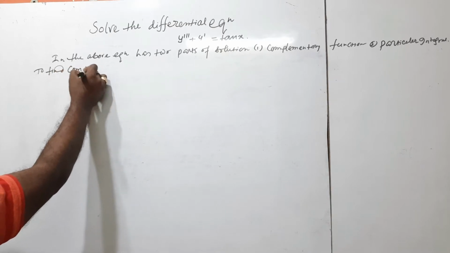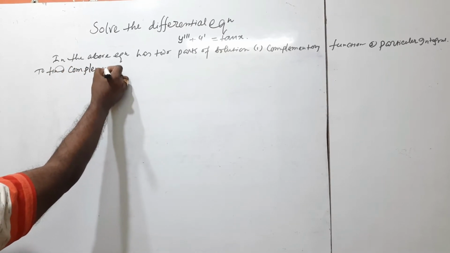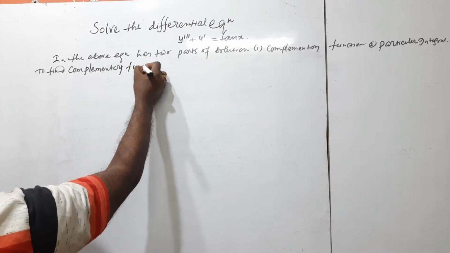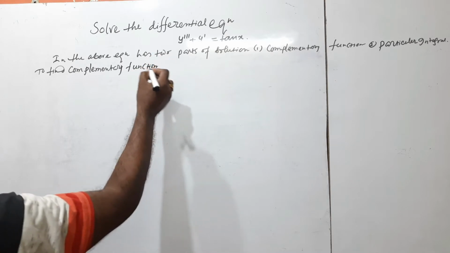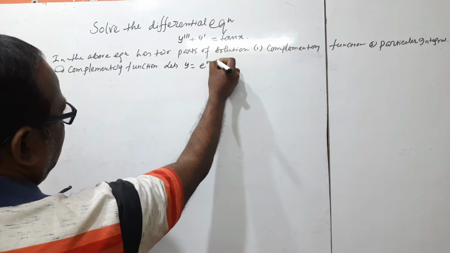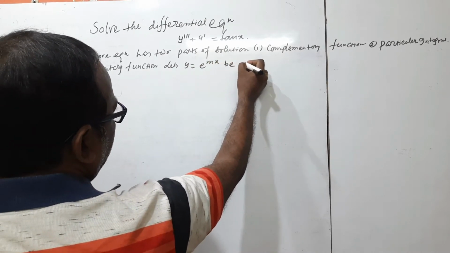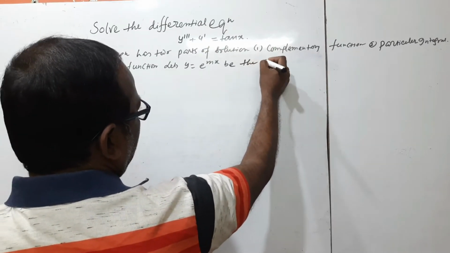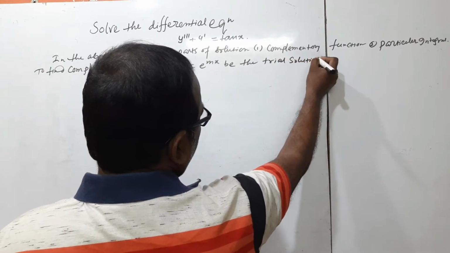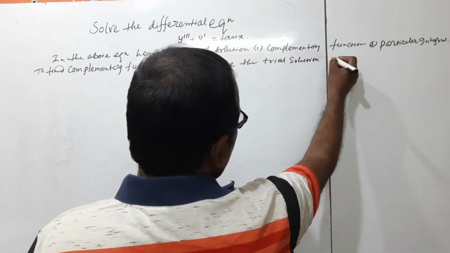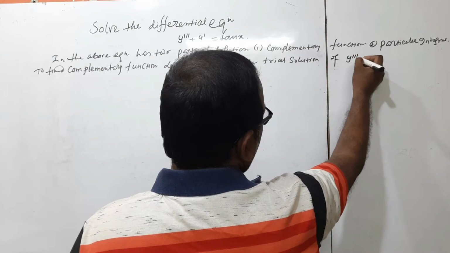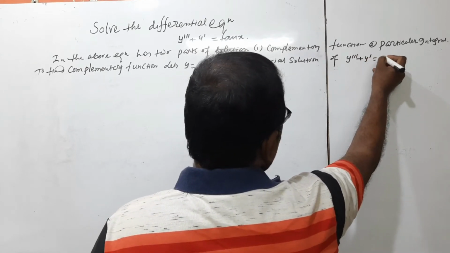Now to find the complementary function, let y = e^(mx) be the trial solution of y''' + y' = 0.